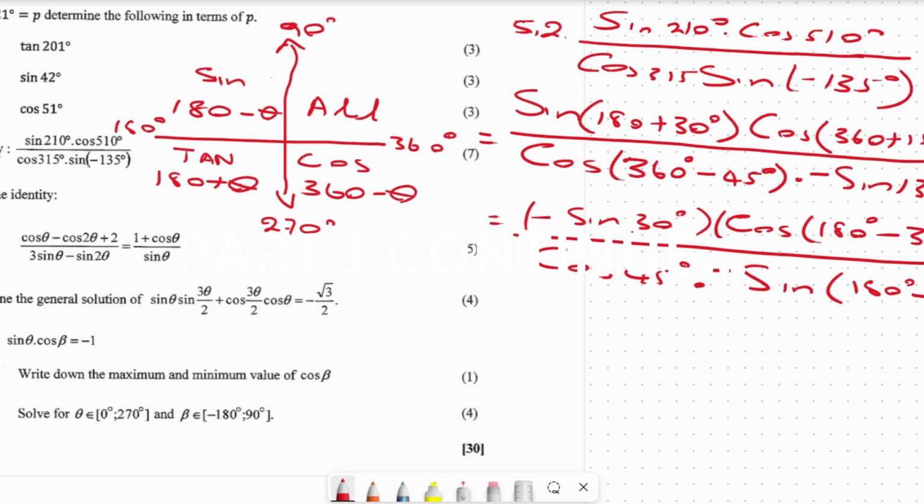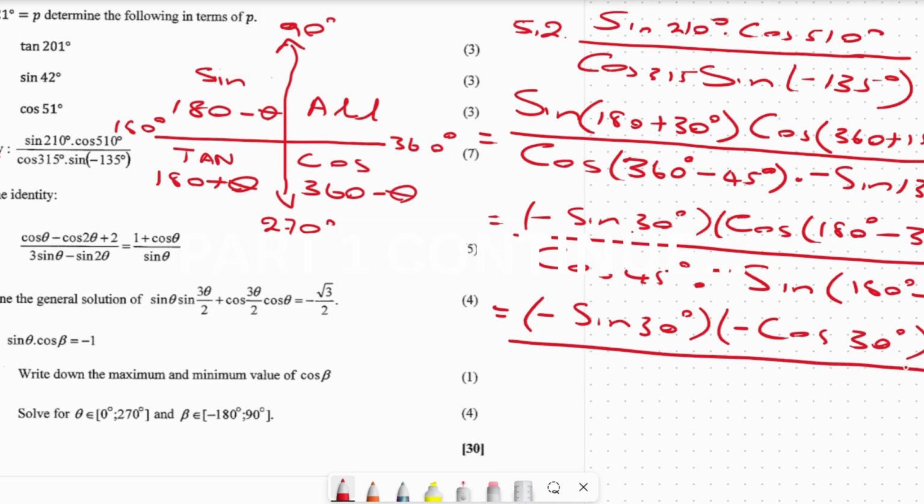So this is going to be 180 minus 45. So we can simplify this into negative sine 30 degrees again. Then I'm putting the bracket. This is going to be 180 minus, it's in the second quadrant. What is the sign of this one? It will be negative. So it will be negative cos 30 degrees.